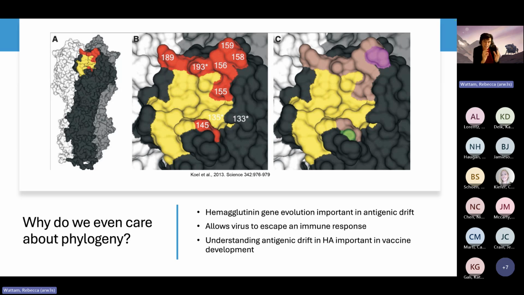Remember that hemagglutinin is a component of the vaccines that we have every year. And it's also the point that recognizes the receptor on the host cell. So this is what it looks like. And this particular area is the part that binds to the host cell receptor.